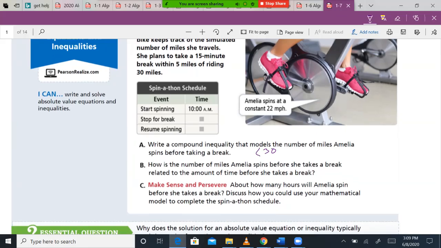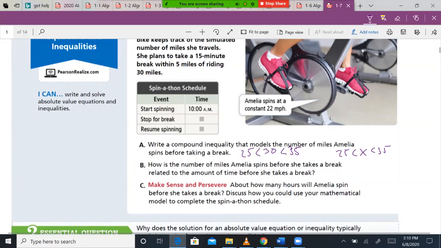We know that 30 is 5 miles more than 25, and 5 miles less than the maximum, which is going to be 35. So we could say that our break, we'll call that X, is between 25 and 35 miles of spinning.